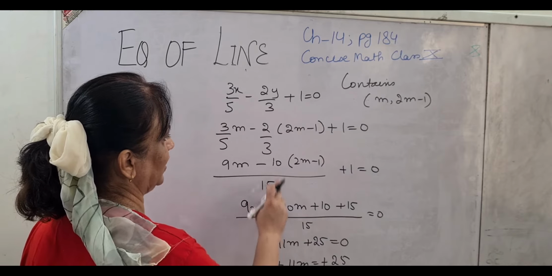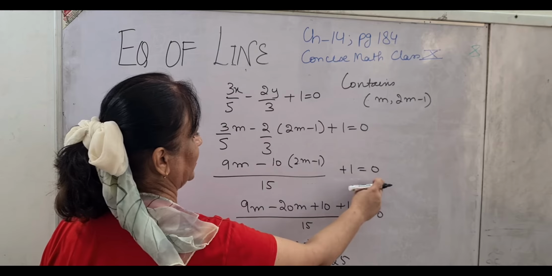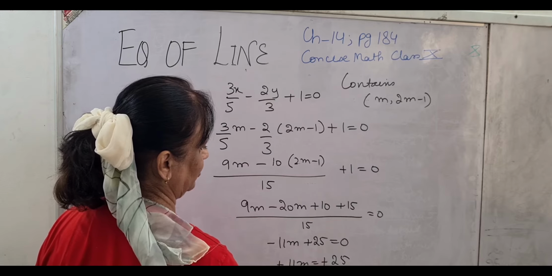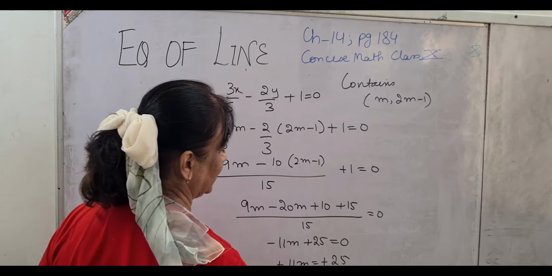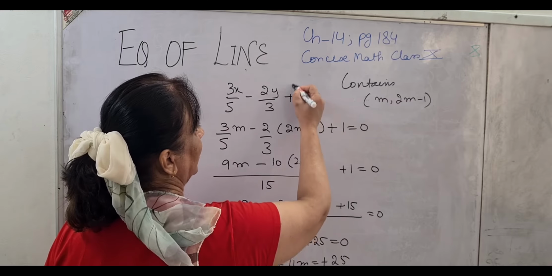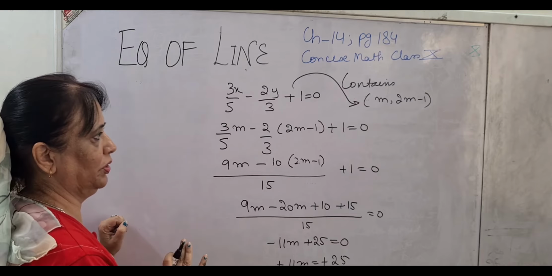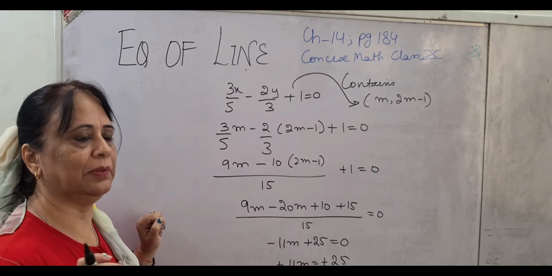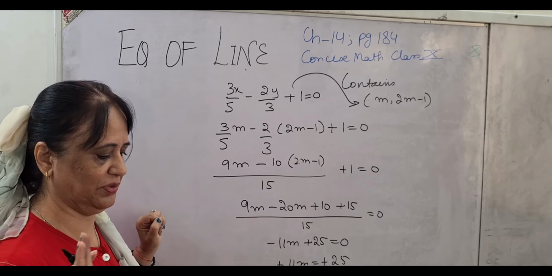So 9m minus 20m, minus into minus plus 10, plus 15 is equal to 0. You take 15 to the other side, minus 11m is equal to minus 25, minus cancels, m is 25 upon 11. So for this value of m, this line contains the given point. These questions come in the compulsory section, maybe of 2 or 3 marks, and they are very, very easy.